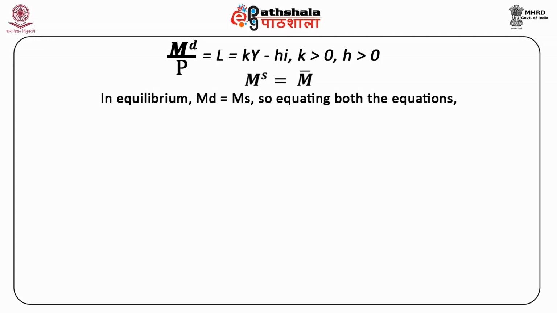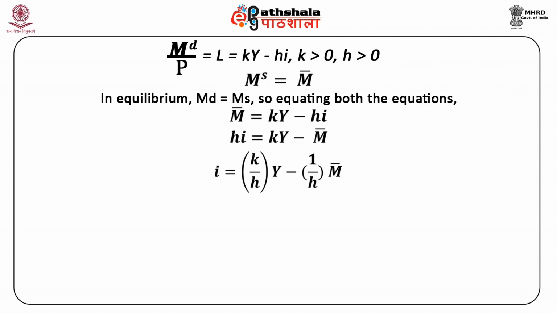In equilibrium, money demand is equal to money supply. So, equating both the equations, M bar is equal to KY minus HI. HI is equal to KY minus M bar. I is equal to K divided by H into Y minus 1 divided by H into M bar.